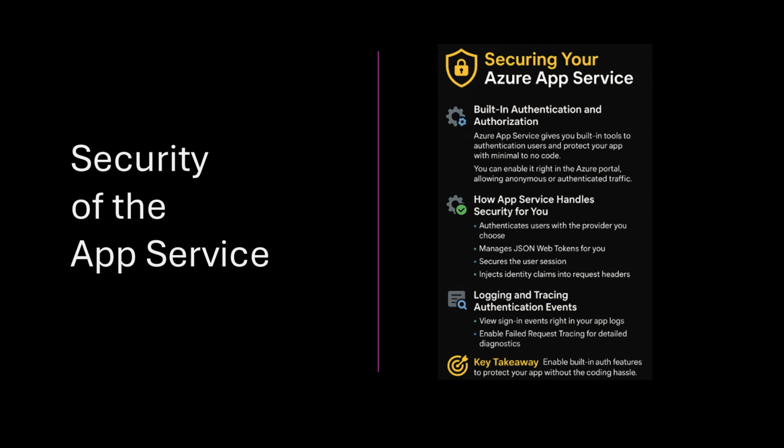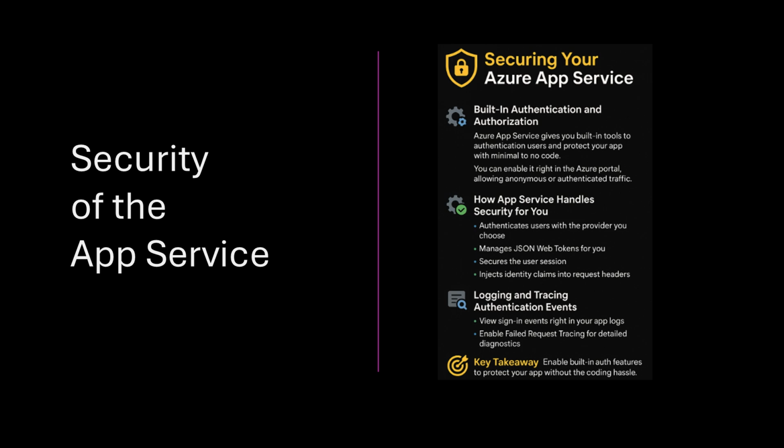App Service takes care of managing JSON Web Tokens, JWT, including their validation, secure storage, and refresh, so you don't have to implement those mechanisms yourself. It also keeps user sessions secure on the server side and automatically injects identity claims into each HTTP request header, allowing you to easily access user details without adding extra logic to your app.